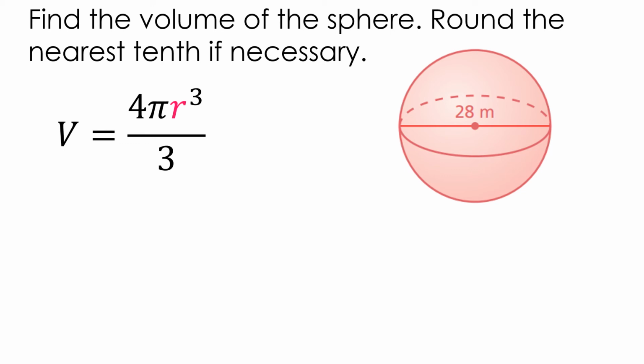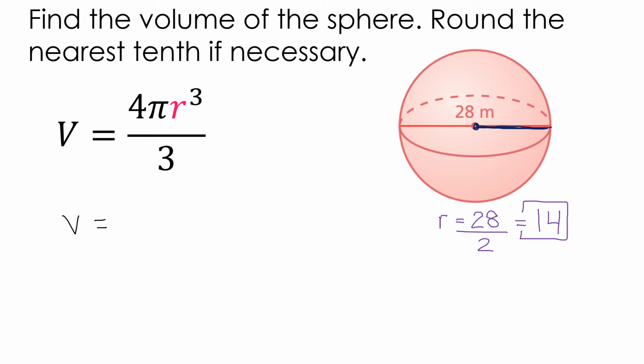We want the radius from the center of our circle to one of the sides. So we are going to take our diameter of 28, divide it by 2, and we get the radius of 14. That's the number we'll plug into our formula.